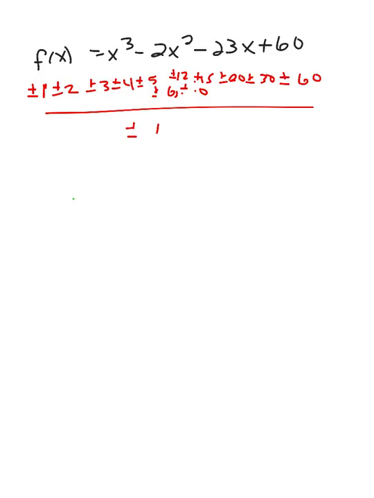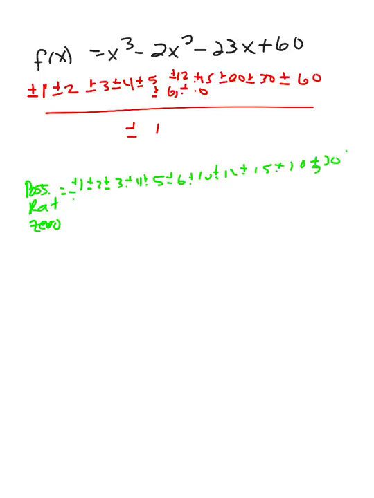All right, so let me write my possible rational zeros: plus minus 1, plus minus 2, plus minus 3, plus minus 4, plus minus 5, plus minus 6, plus minus 10, plus minus 12, plus minus 15, plus minus 20, plus minus 30, and plus minus 60.